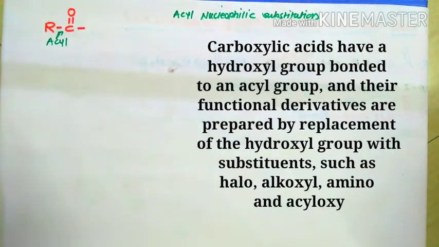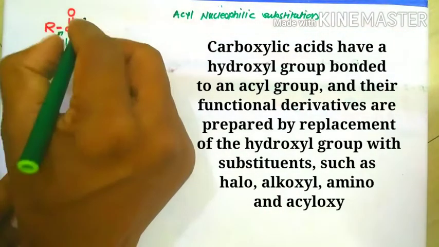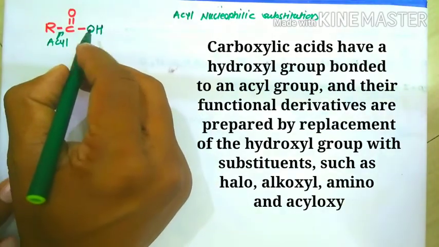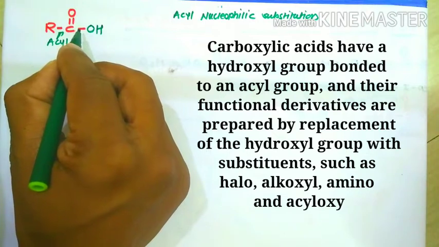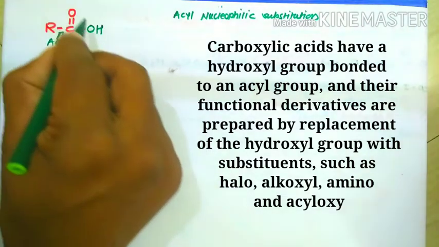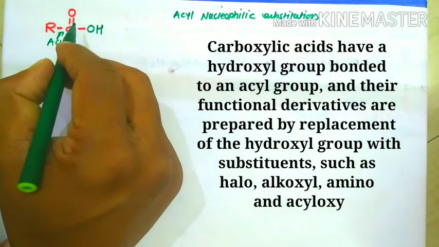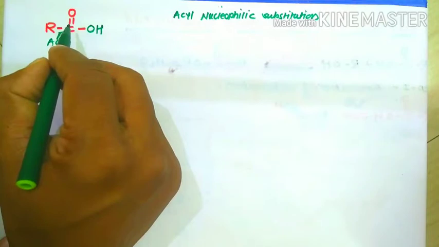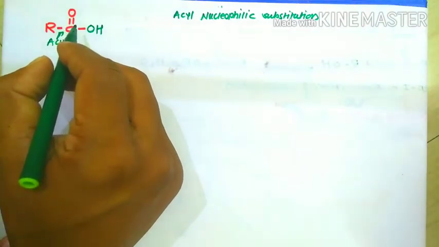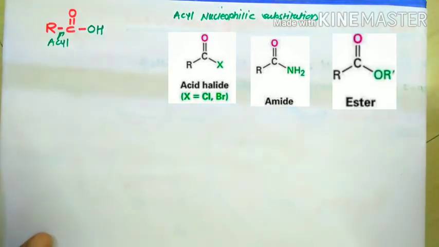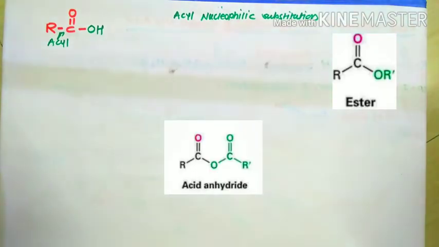In the acyl nucleophilic substitution reaction, the carboxylic acid, if you have this group as an OH group, then this whole molecule acts as a carboxylic acid. The carboxylic acid and their derivatives like acid halide, amide, esters, anhydrides are called acyl compounds.